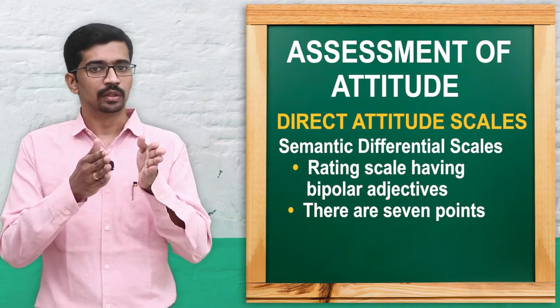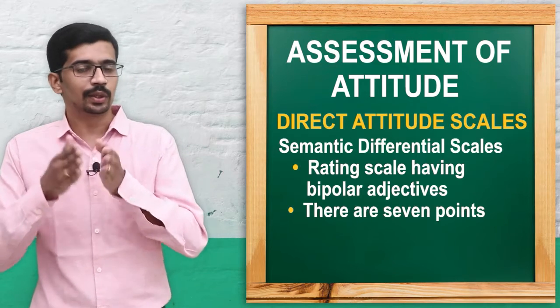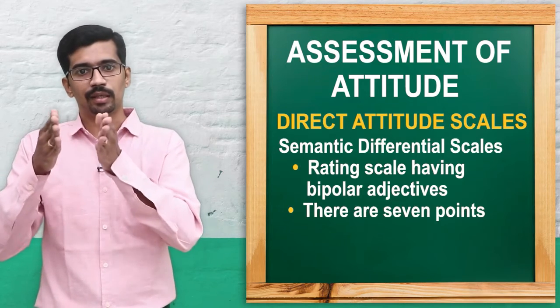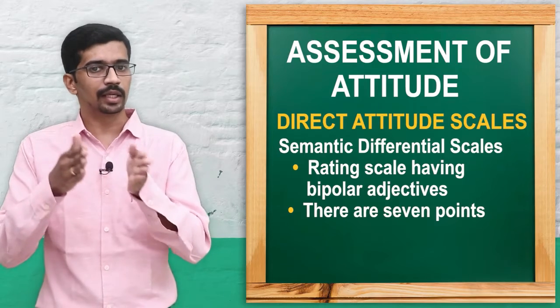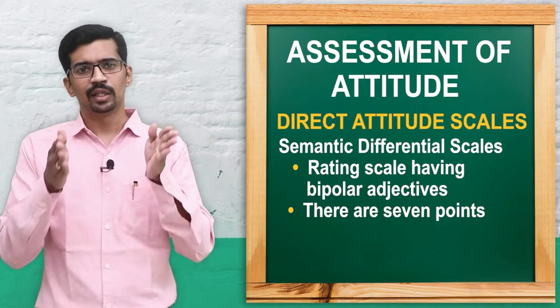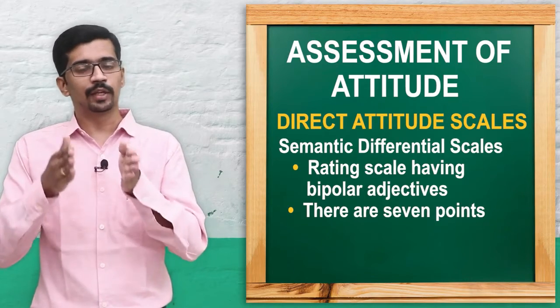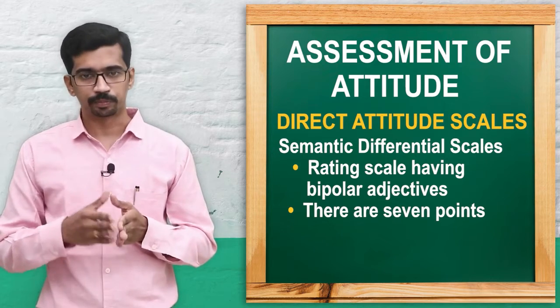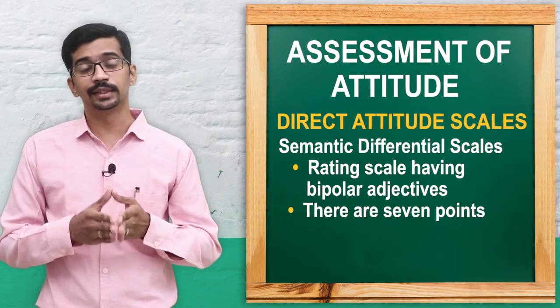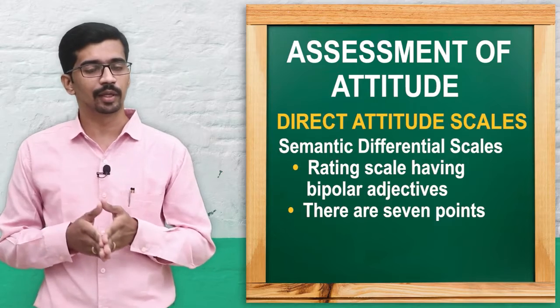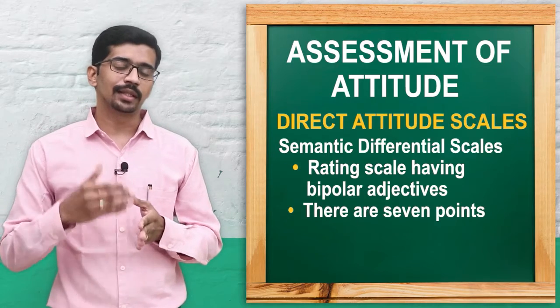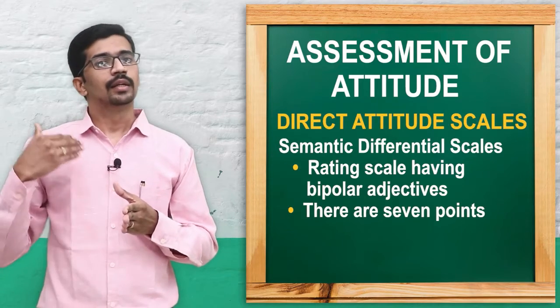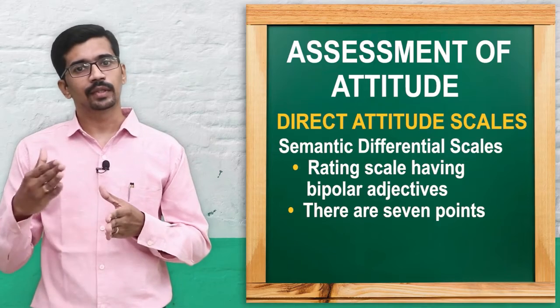If it is good, sometimes it may be nearly good, or sometimes the middle between good and bad. So between good and bad, 7 points will be there. The person selects the score they like in this semantic differential scale given by Osgood. So these are the different attitude scales with which we can directly assess attitude.